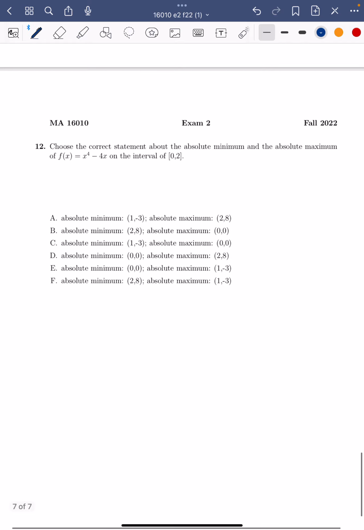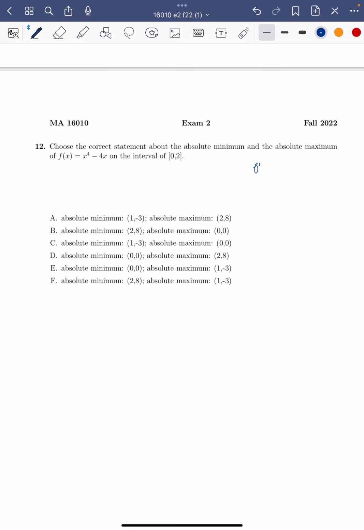Last question. Choose the correct statement about the absolute minimum and absolute maximum of f of x equals x to the fourth minus 4x on the interval of 0 to 2. So we're going to try to find the critical numbers of this by using the first derivative.